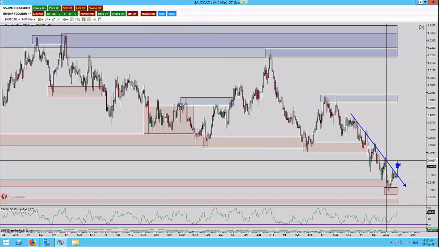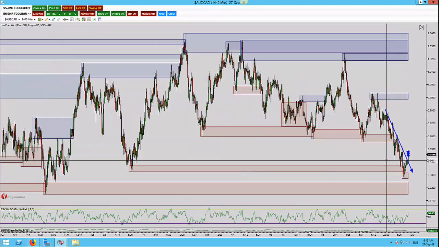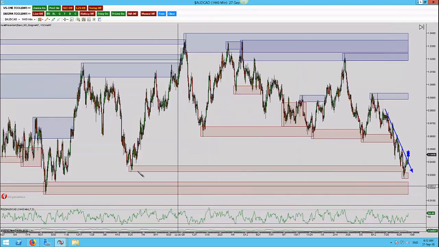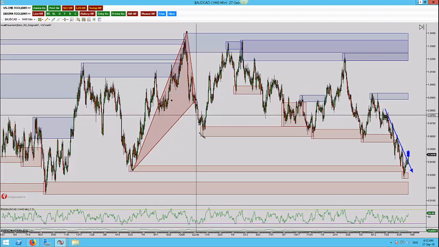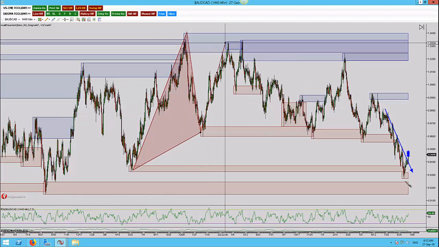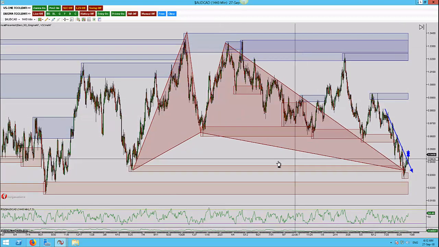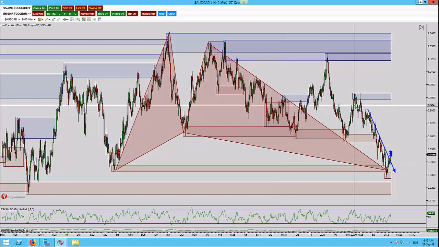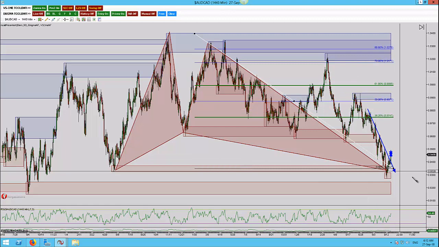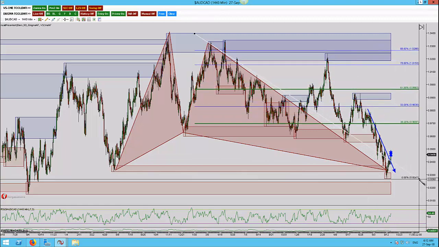One of the reasons I wasn't happy with the setup is if we zoom out, we actually have here a very deep Gartley pattern completing down here, and since I was waiting to see what was happening with that trend line, you can see that we could, if this pattern does complete, start making our way up.